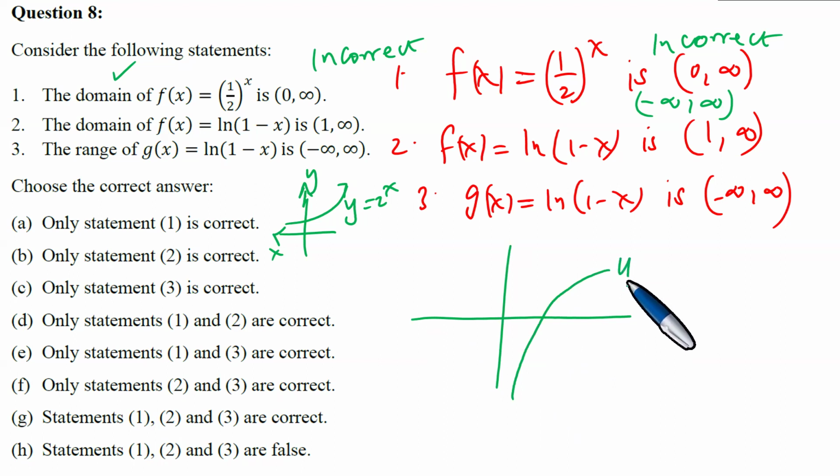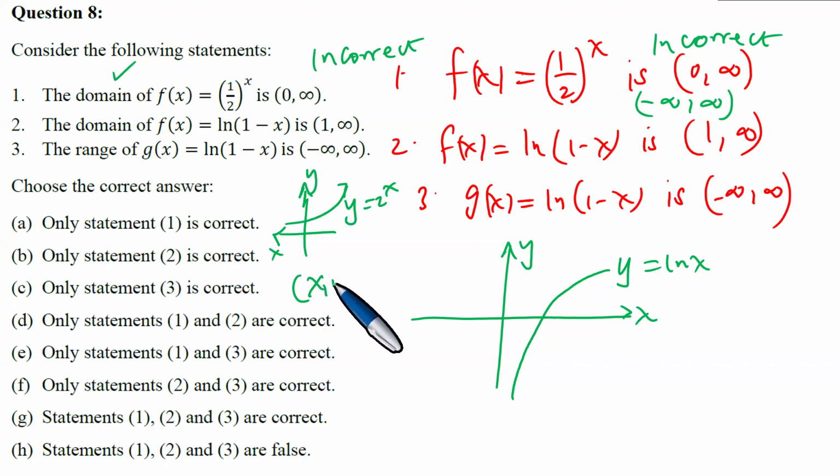This one will be the graph of y equals ln x. Now, in mathematics you perform a transformation of that, and you say the x is made negative. What kind of a transformation is this?